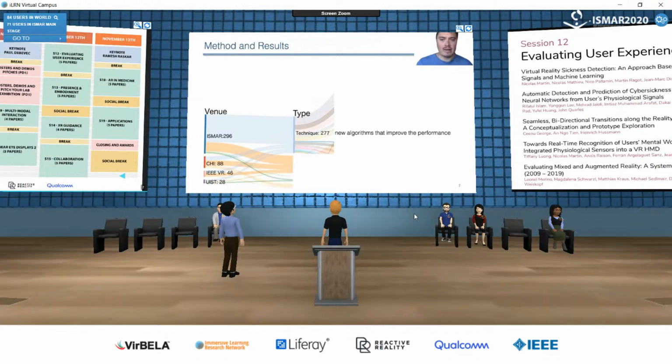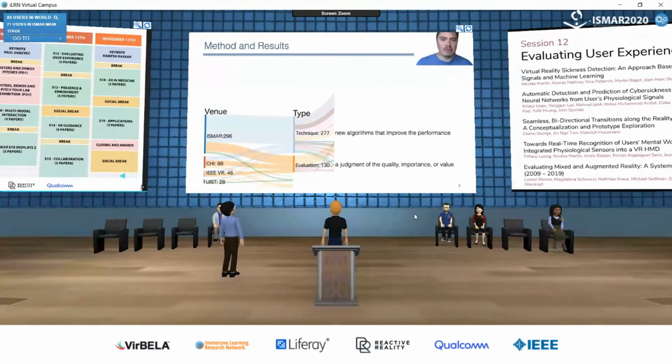Then, we classified the 458 papers found into one of 5 types. We classified 277 technique papers that present new algorithms, for instance, to improve performance.